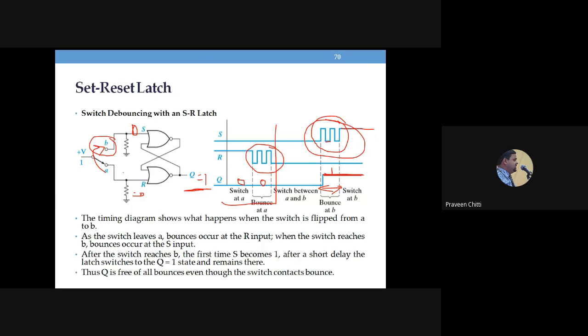Here the SR latch acts like a mediator, so that even though there are multiple variations in the input because of the mechanical switches, that will not have any effect on the input of the actual logic circuit, and that problem we call the switch debounce problem.